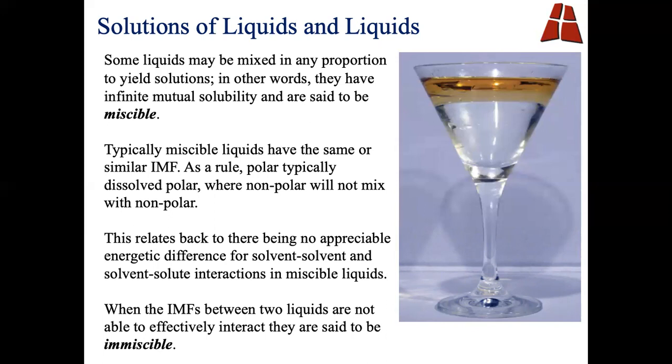In that case, we're not going to have any successful intermolecular interaction between the hydrogen bonds of water and the London dispersion forces of our oil. And that means that these two are not able to overcome their solvent-solvent interactions or solute-solute interactions, and they will ultimately be immiscible, or they will not mix.